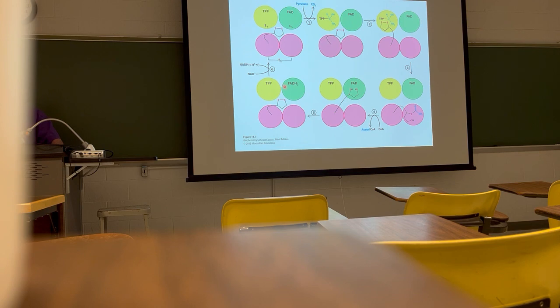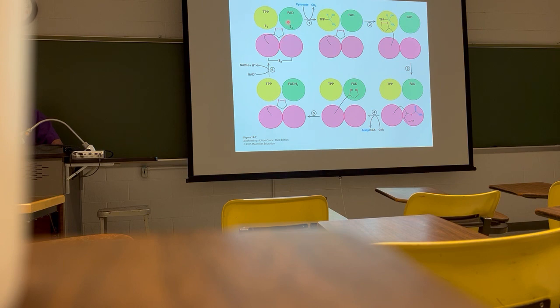And the last step is transferring those electrons from FADH2 to NAD to get NADH. That's the other important product of this pathway. And now we're back at the starting state of the pyruvate dehydrogenase complex, ready to react with another molecule of pyruvate.